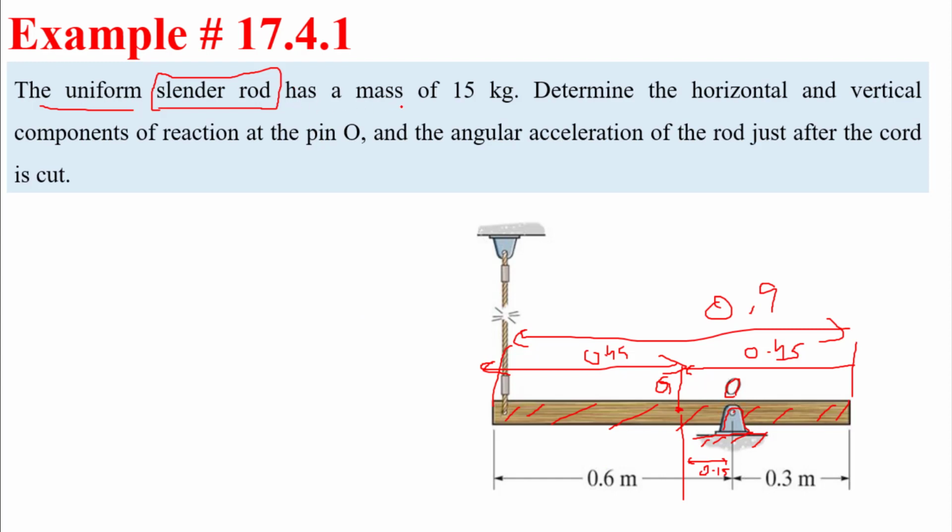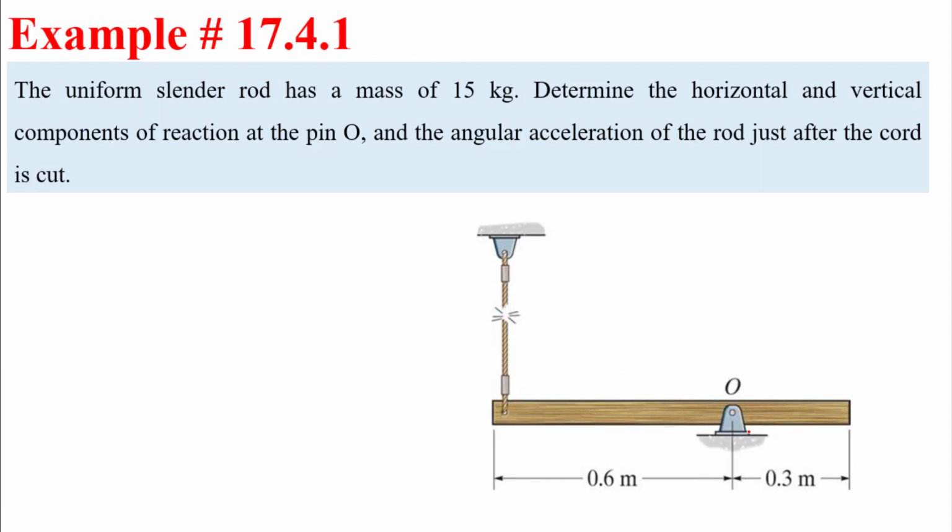So this cylinder rod has a mass of 15. So this is the mass of the cylinder rod. Determine the horizontal and vertical components of reaction at point O. So at this point O, as you can see, there will surely be a reaction. I will assume them. This one I will assume in the positive direction OY, and this one in the positive direction OX. Okay. I haven't yet decided the directions as positive or negative, I just assumed them in these directions.